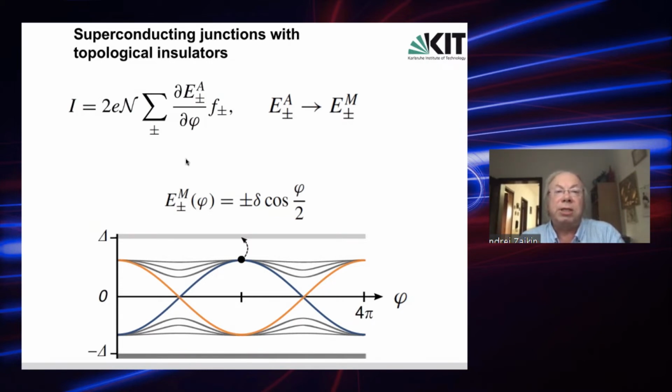And so they use just the same formula as in the case of Andreev levels I showed you on one of the previous slides. They just substitute, instead of the energies of Andreev levels, the energies of Majorana states.